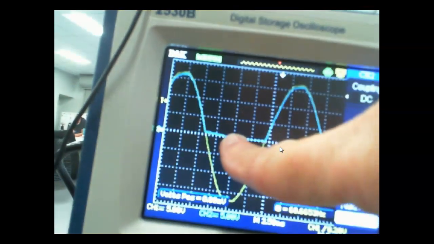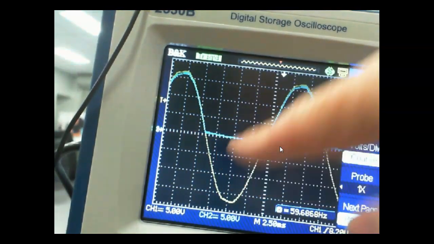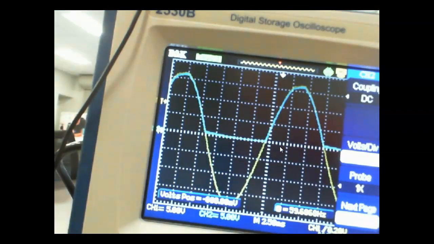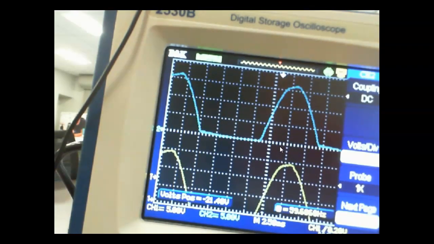So here's 0 volts. This is never going down, right? So what I'm going to do is put this down here out of the way. It's still going to trigger. So this should be your drawing on the one on the right, right? This is what's giving us 5 volts, 5.13 volts right here.